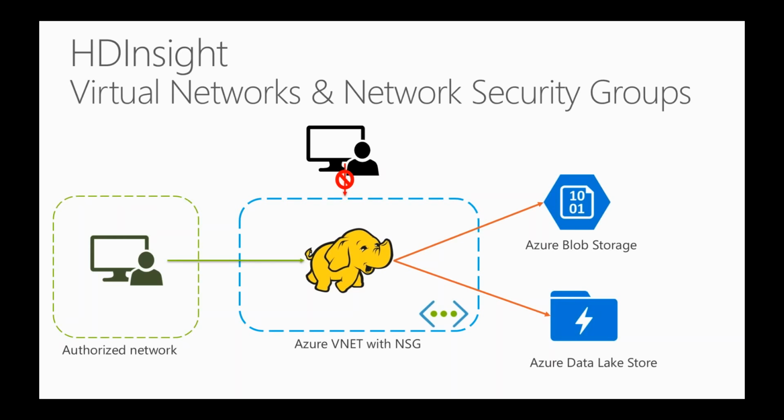You don't want to find out the day that you're scheduled to move to production that the network security group configuration you decided upon doesn't work. So it's a good idea to keep that ongoing throughout the process so that you have a solid plan when you move to production.